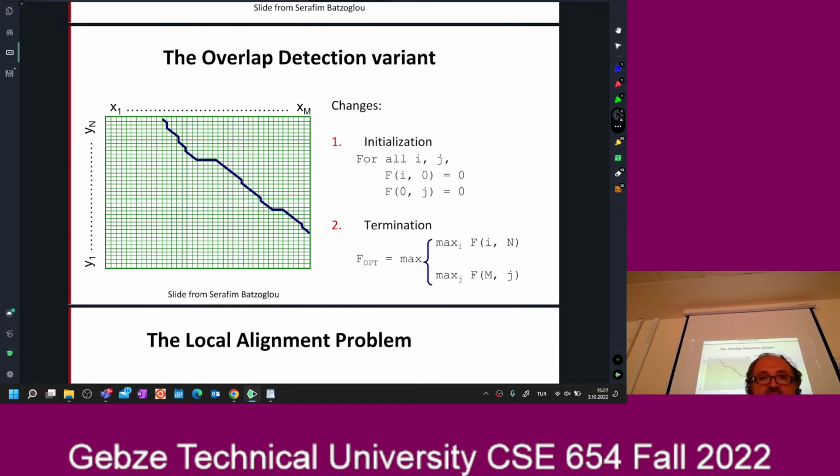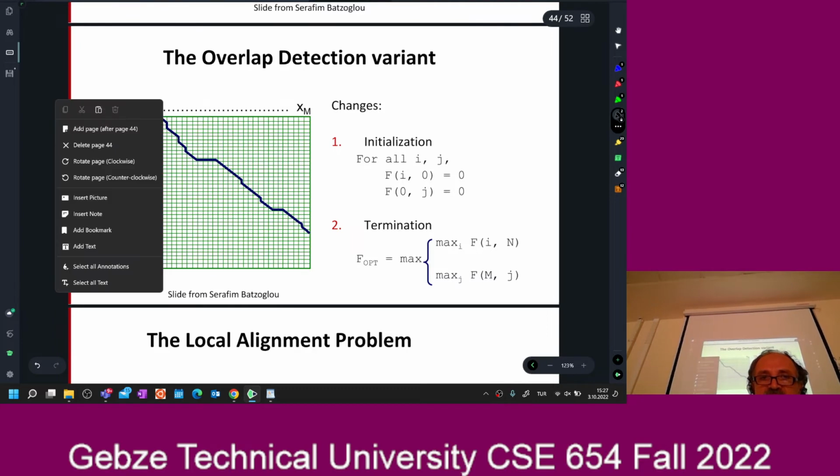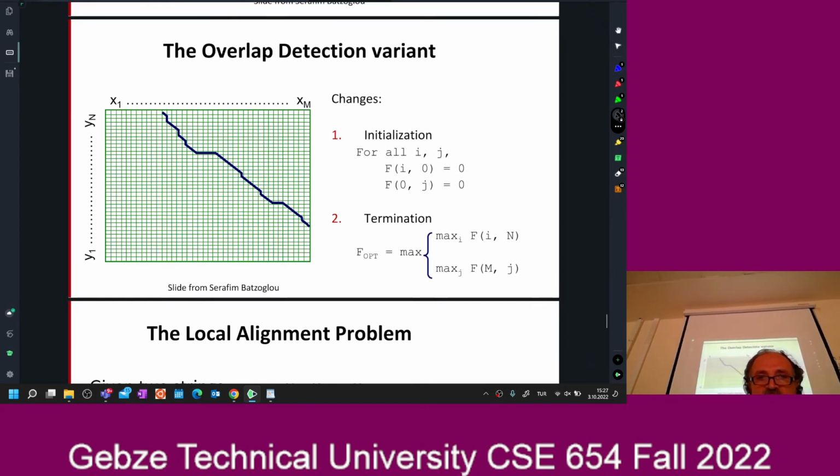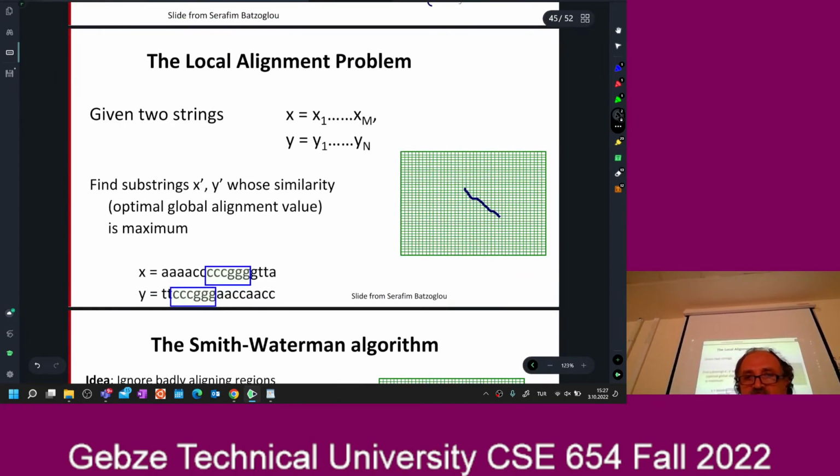So instead of starting from this corner, I can start from here or from there, and you are going to look for your solution around here. So I am matching some part of X with some part of Y. This is the overlap detection variant.